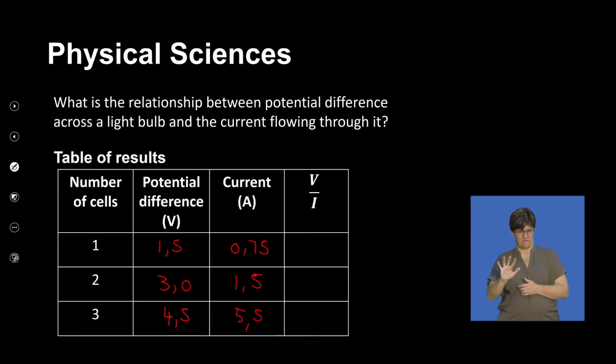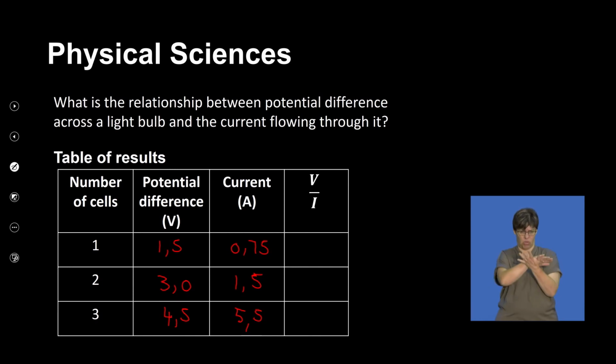Now you do realize that what is actually happening, the ratio of voltage to current is not actually the same. Maybe for the first two sets of values, there is a proportional increase. But when you look at the third one, actually the pattern is kind of disrupted.